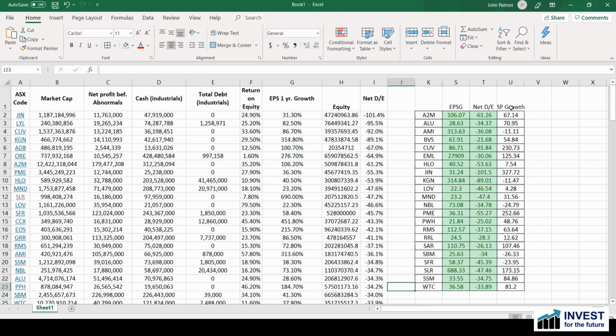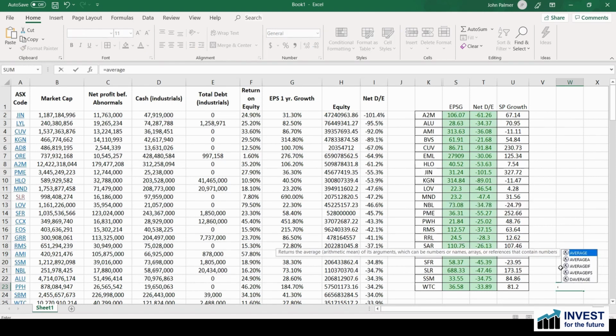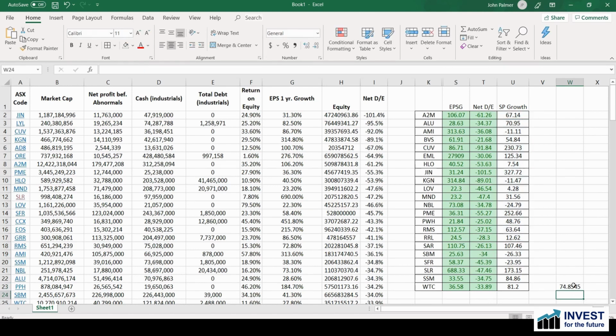And that was their share price growth over that 12-month period. And if we're looking for what that entire group of 23 produced, we could hit equals average of their share price growth and produce a 75% return.